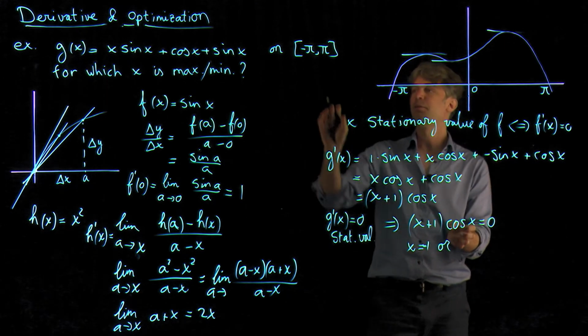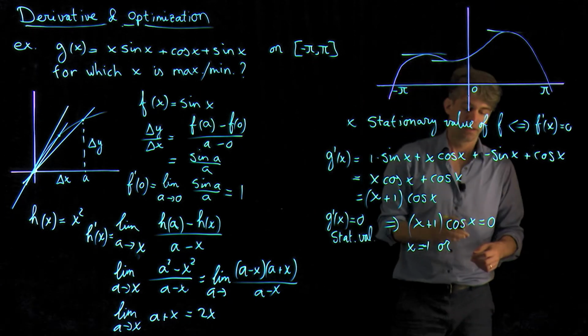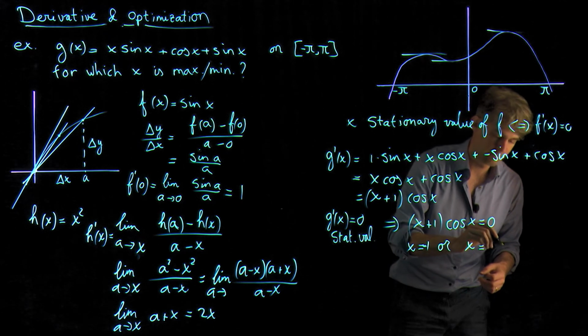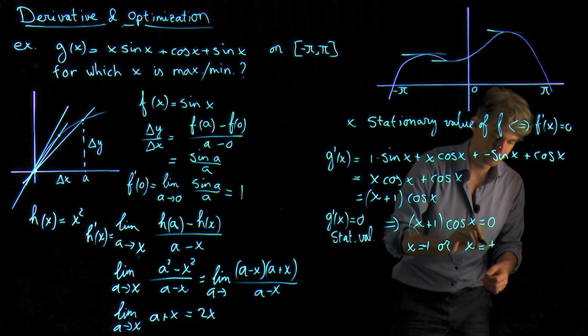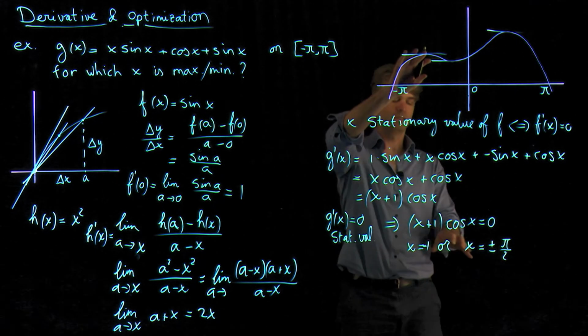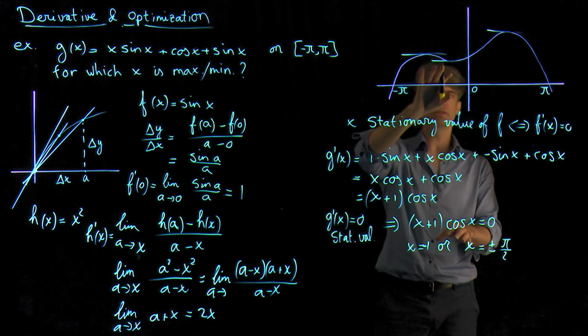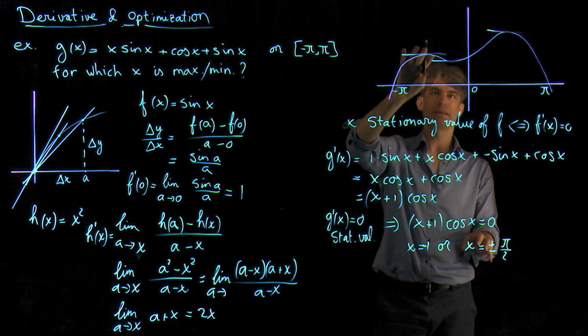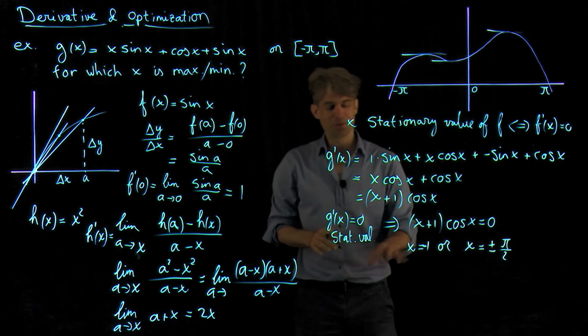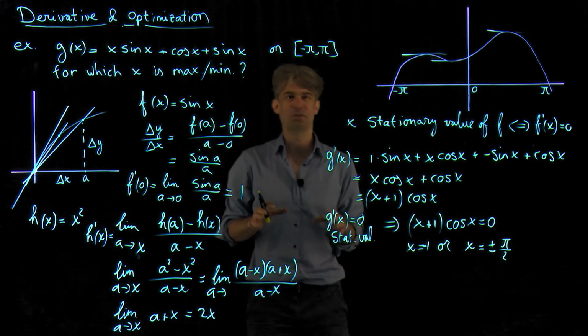And within the domain, the cosine is 0 only on plus or minus pi over 2. So indeed, these are, and it sort of fits our picture here, minus 1 and negative pi over 2 and pi over 2. So I am confident that this computation is all right.